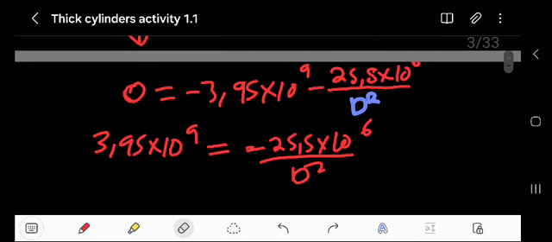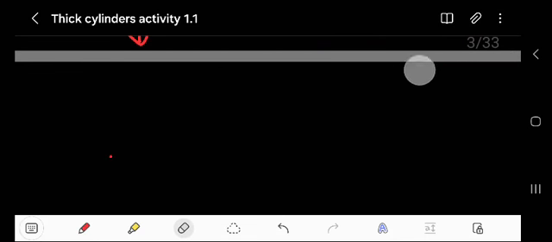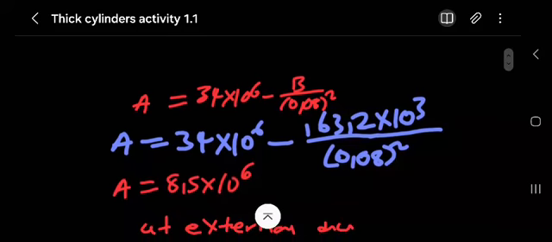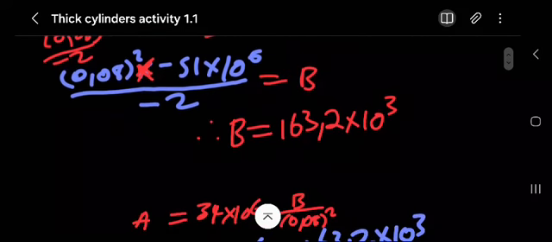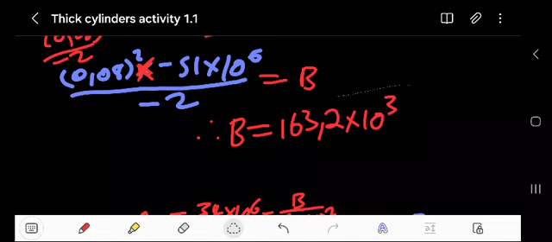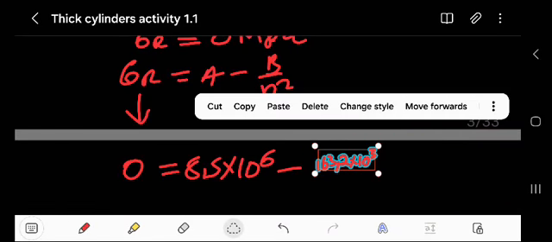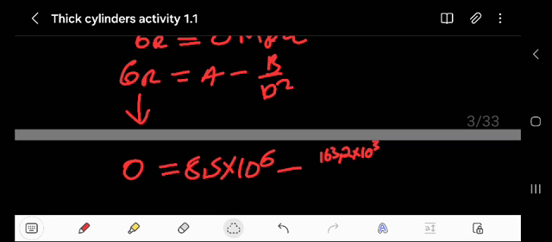Now here our values will be wrong, so we'll have 0 is equal to a. What is the value of a now? It's 8.5 times 10 to the power of 6 minus the value of b there, whereby b is 110. Let me just correct this b. So this is the value of b divided by our diameter.